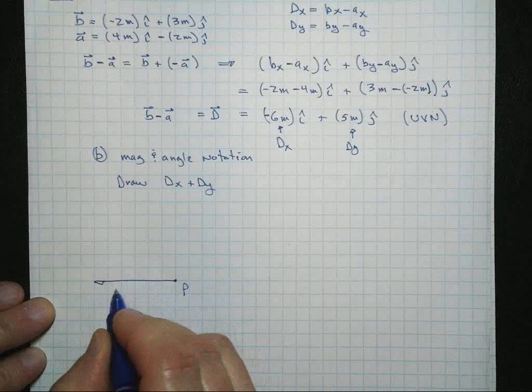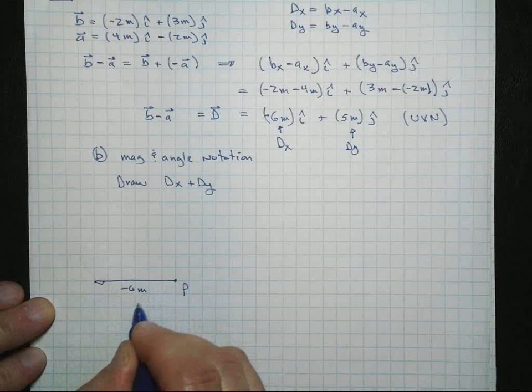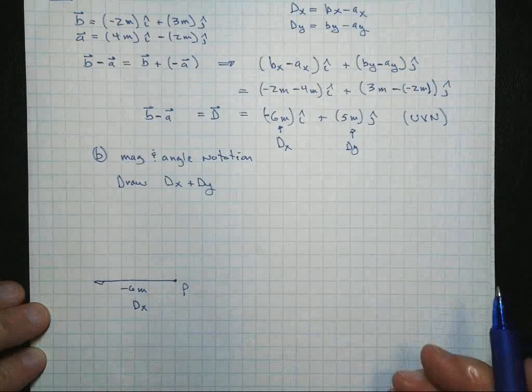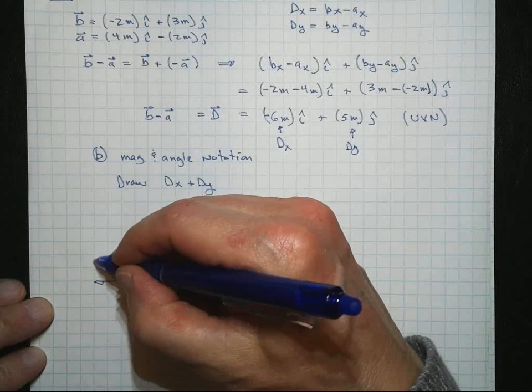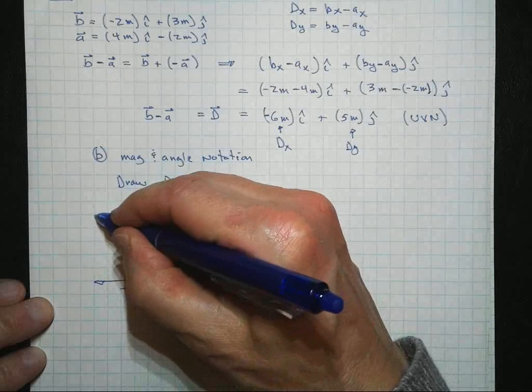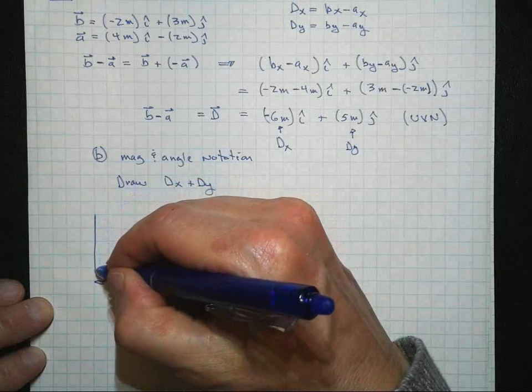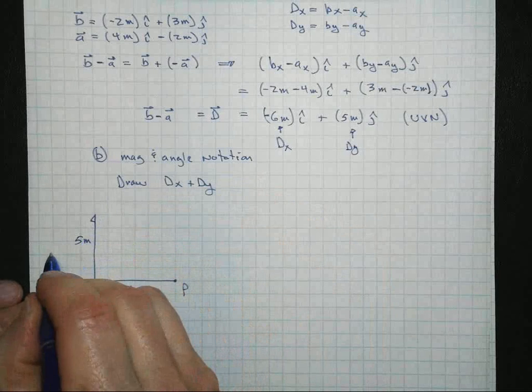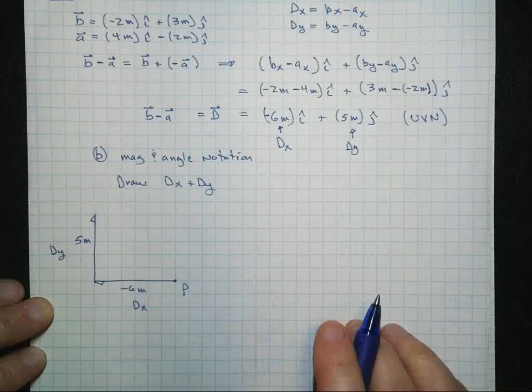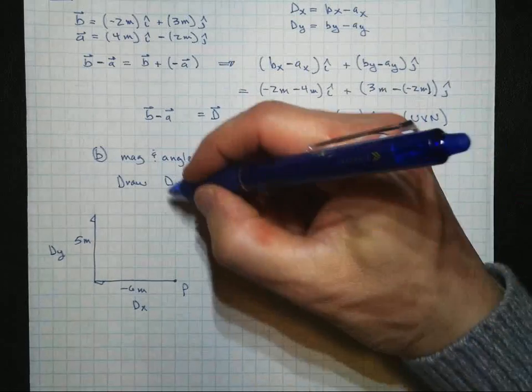Okay, there's minus 6 meters. That's dx. We're going to do head to tail here. dy is going to go up 5. We're going to draw that in. Okay, that's 5 meters up. That's dy. And then we've got our vector difference.